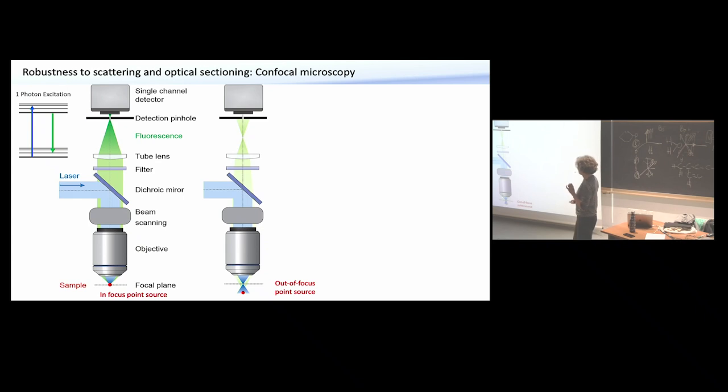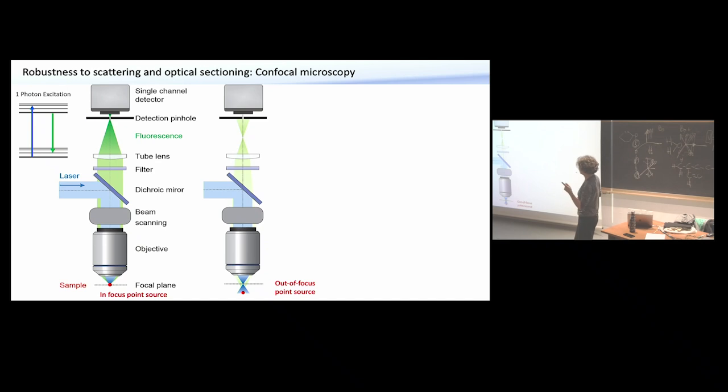So it will emit a smaller fluorescence than if it was in focus. Also, the fluorescence will be focused here, and in confocal microscopy you have a pinhole in front of your detector. You see that it's not focused at the pinhole anymore because it's out of focus, and so most of the fluorescent light will be blocked by the pinhole.